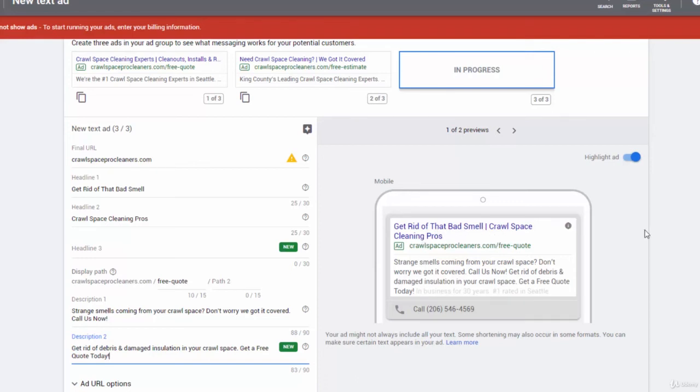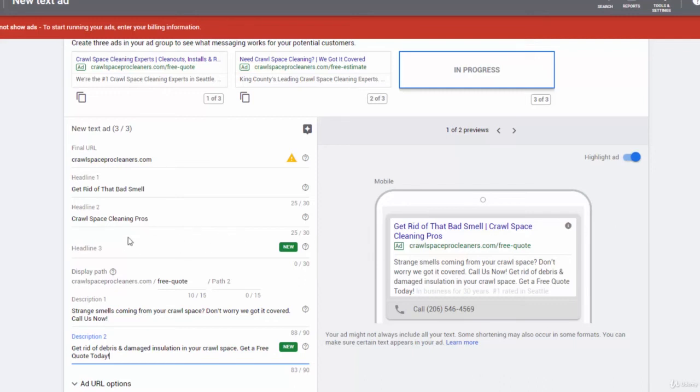Now, the way that I was able to come up with this direct benefit is literally by going to the competitor's website and doing some research. Anytime you want to look for the direct benefit, you want to look for the actual solution being provided to the end searcher. You always want to go to the competition's websites and look at what the actual service, solution, and benefit are, and use that in your copy.